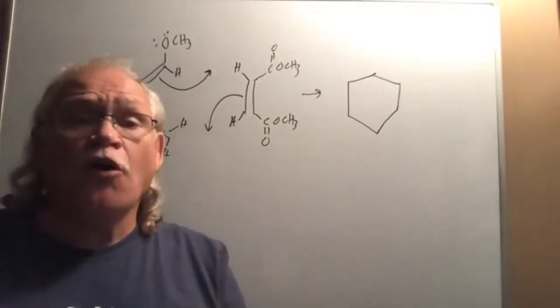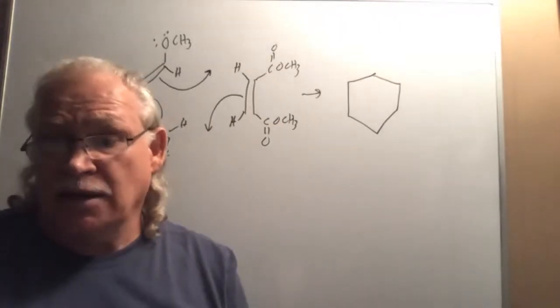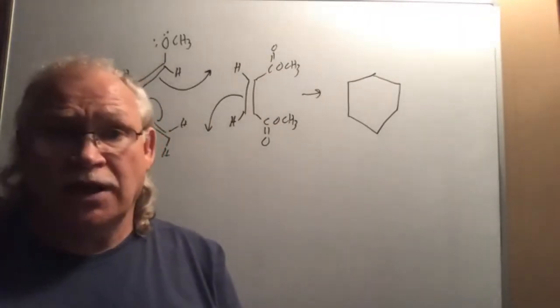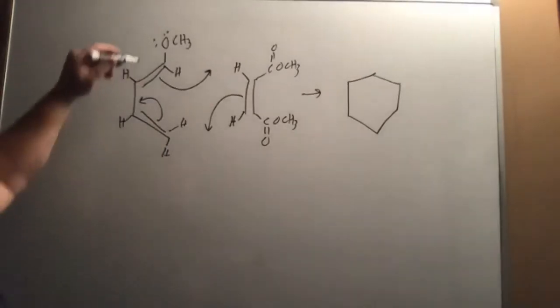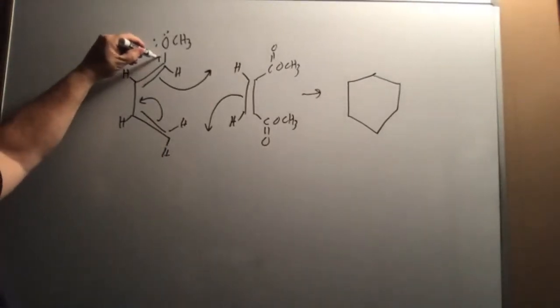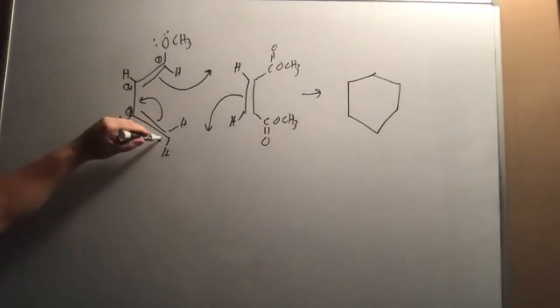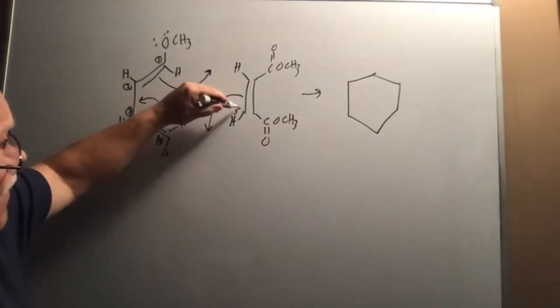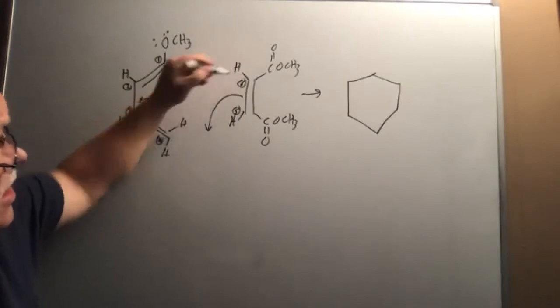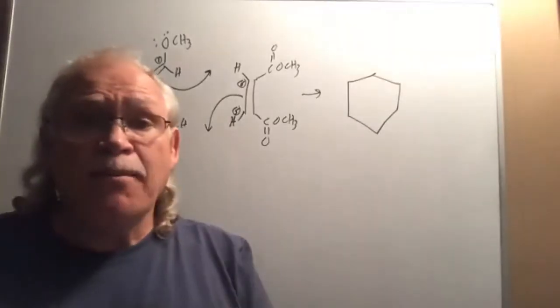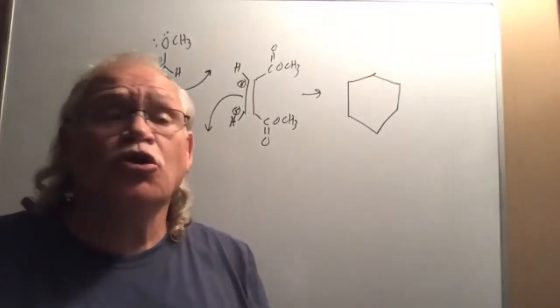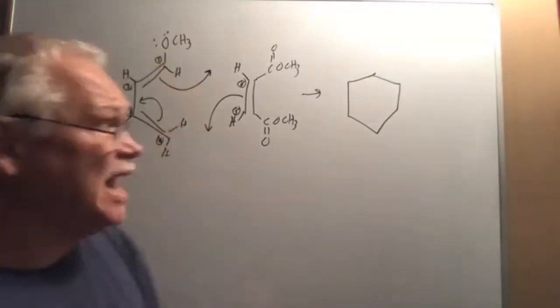Now, students oftentimes get lost on this. So you can number these, and it makes no difference how you number them. I'll number 1, 2, 3, 4, 5, 6. And I'm only going to number the atoms that go into the new ring. Remember, we did that last time.